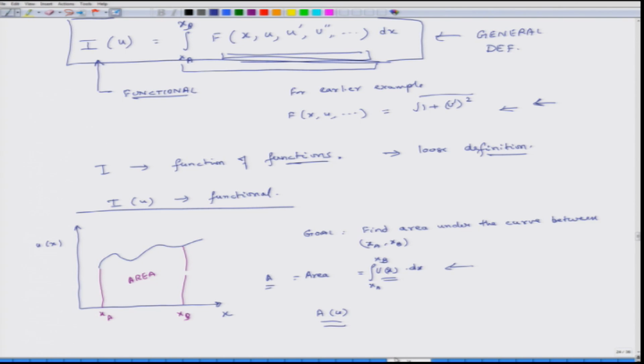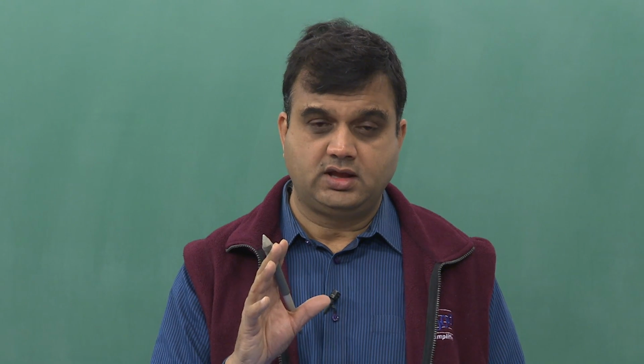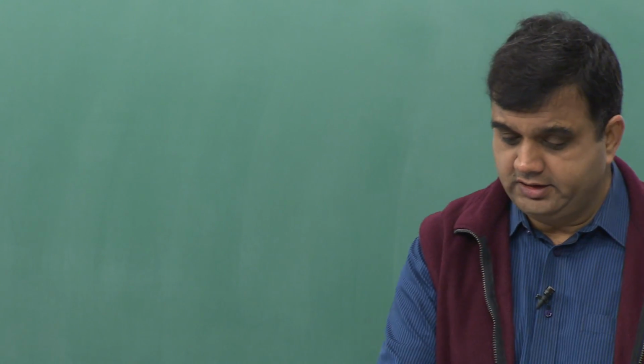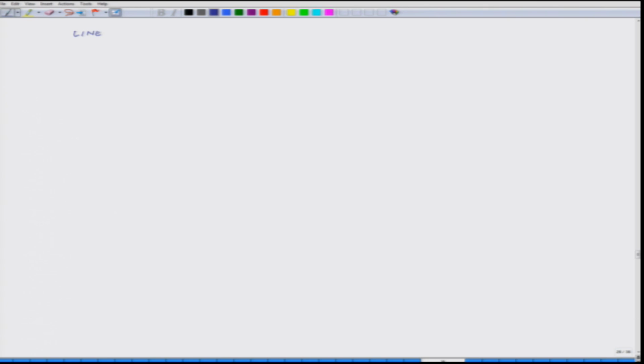Now, in context of this particular course, we will be dealing with a lot of functionals, but they will belong to an important category called linear functionals. Linear functionals, and we will write them as L(u). This is the terminology we will use.